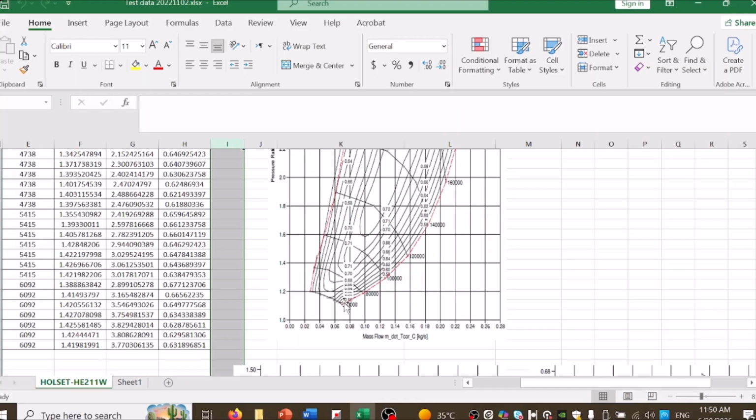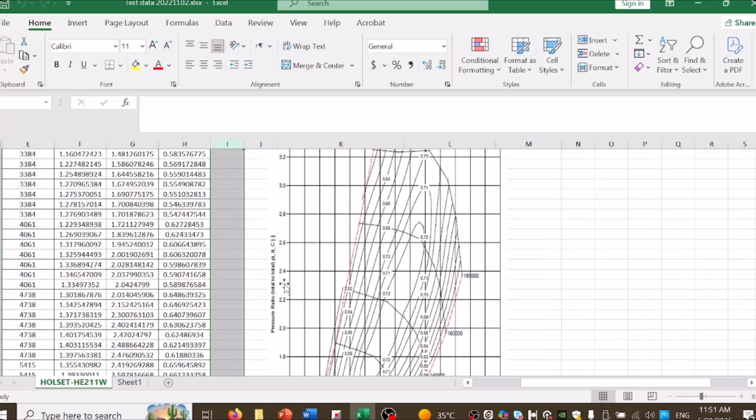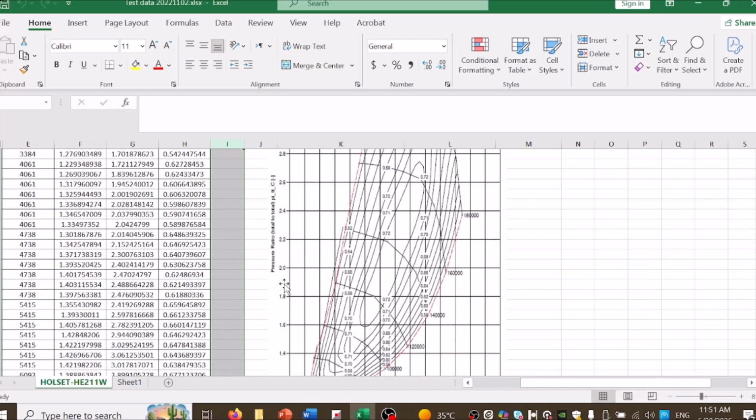Actually, the horizontal axis represents how much air the compressor is moving, okay, and the vertical axis isn't gauge pressure, okay, you can consider this.